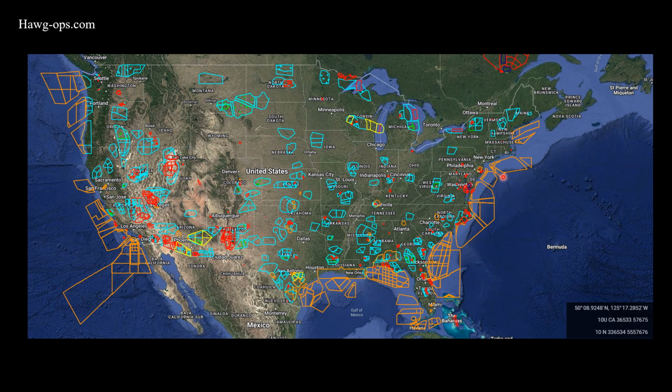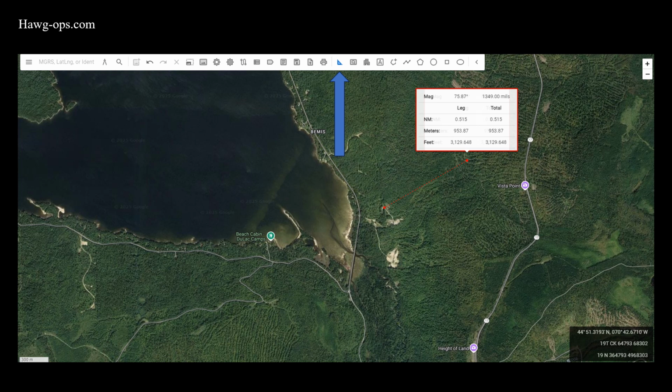But the reason why I like this website is because you can always get up to a 10-digit grid, and there's a couple other map datums as well, but the only one that I really understand is this one, so that's the only one I'm going to talk about. And this is basically like a Google Maps type thing. If you zoom in somewhere and you click on this little measuring device right here, you can click somewhere else.